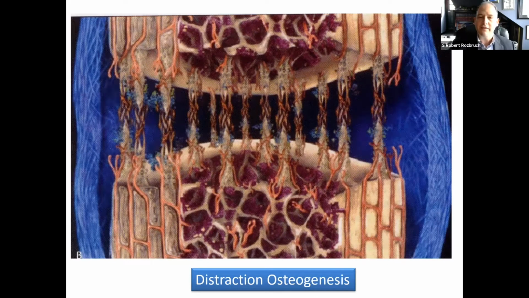And the idea is that you can cut a bone and bone will regrow bone because bone as a tissue has regenerative ability. And what distraction osteogenesis does, it takes advantage of the ability for bone to regenerate. And while it is regenerating, the bone is gradually pulled apart. So in doing that, these bone-forming units stretch and lay down increasing amounts of bone.